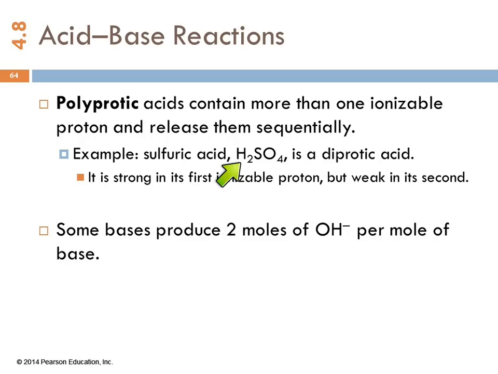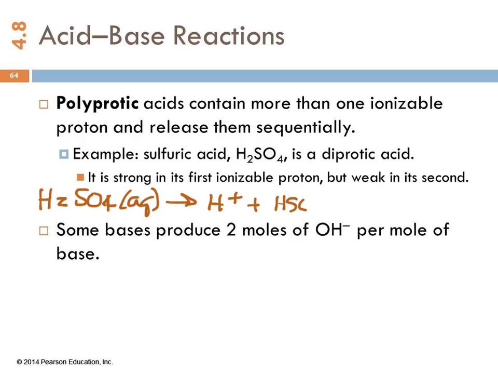When you put sulfuric acid, H2SO4, in water, first it loses one hydrogen, and then it loses the other one. Interestingly, sulfuric acid is strong in its first ionizable proton, but weak in its second. So basically what happens is you've got H2SO4 aqueous, and first it loses one of its protons to form that hydrogen sulfate ion.